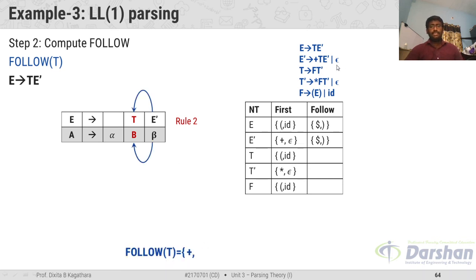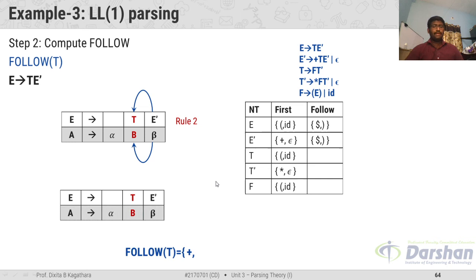Since we are deriving epsilon, we need to apply rule 2 as well as rule 3. If it is deriving epsilon, we need to apply both rule 2 and rule 3.